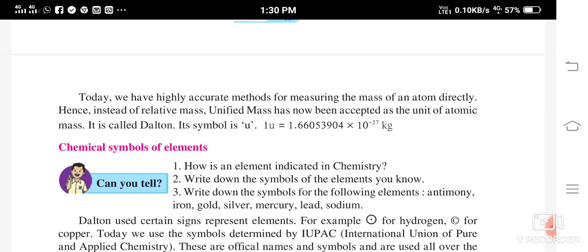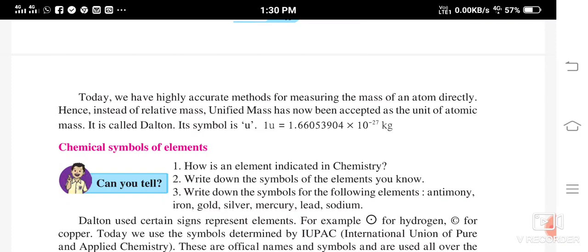Today we have highly accurate methods for measuring the mass of an atom directly. Hence, instead of relative mass, unified mass has now been accepted as the unit of atomic mass.